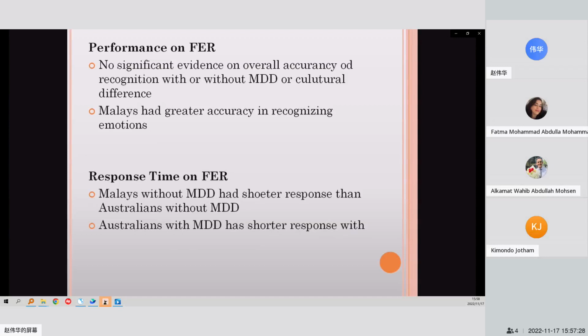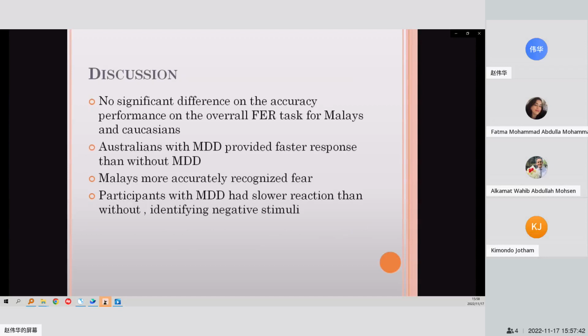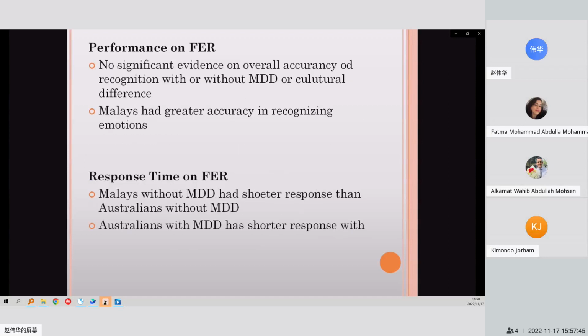In case of not having MDD, the Malays without MDD had shorter response time. So the Australians with MDD had shorter response with reference to the participants from Malaysia. So it is one of the major findings of this study.